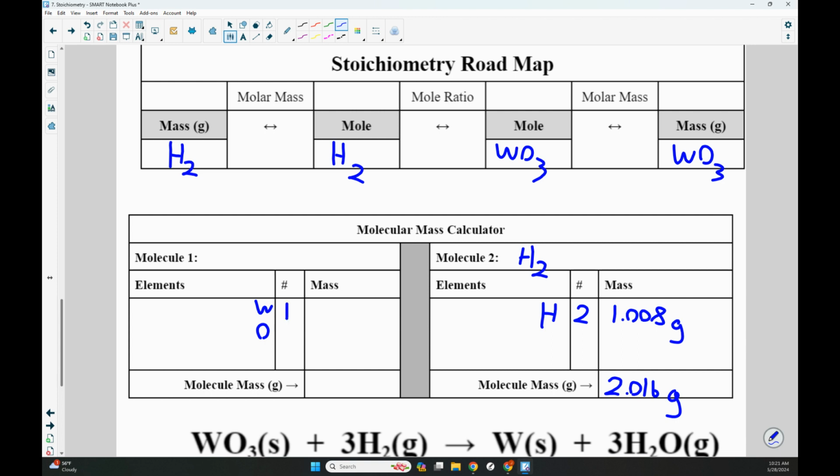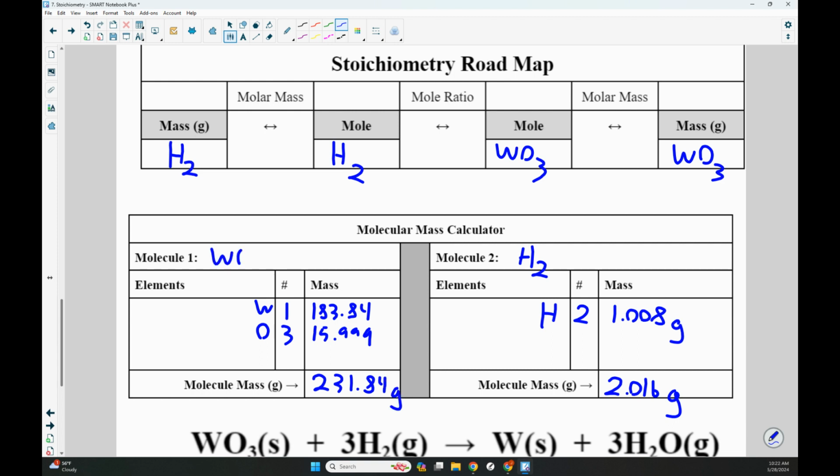We've got 1 tungsten in here and 3 oxygens. So the mass of 1 oxygen is 15.999 grams, so make sure that you multiply that by 3, and then you add that to the mass of tungsten, and when you do that, you should get 231.84 grams.